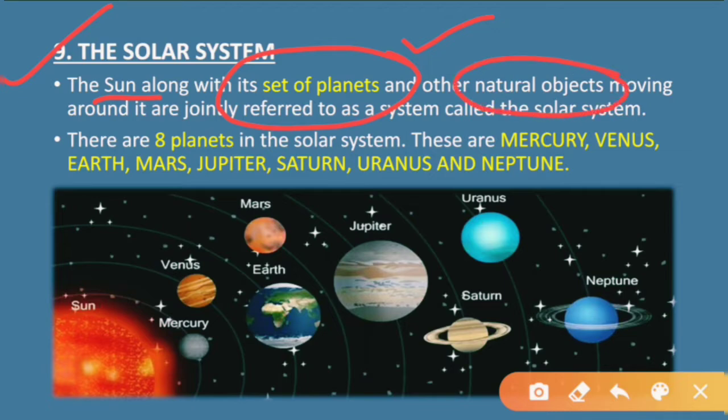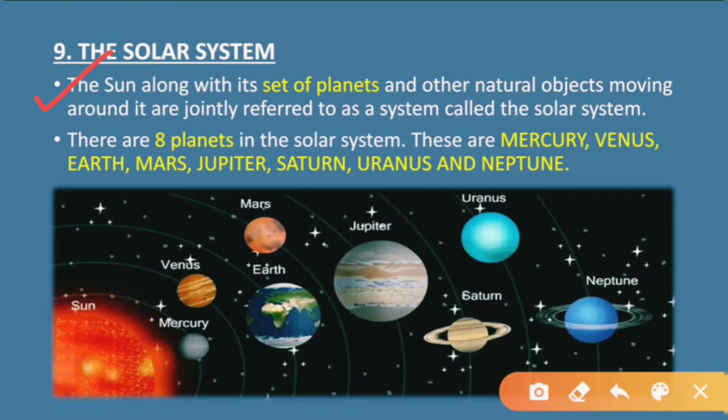Other natural objects means like moon, satellites, etc. So the sun and the set of planets plus the other natural objects like moon, satellites, etc., which move around it, means the planets and other natural objects move around the sun, and this system is known as the solar system.